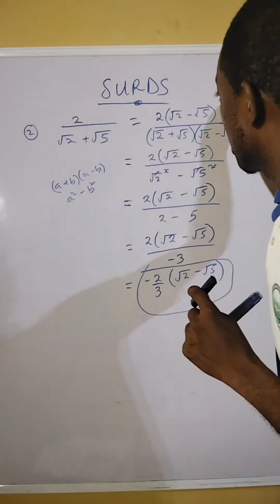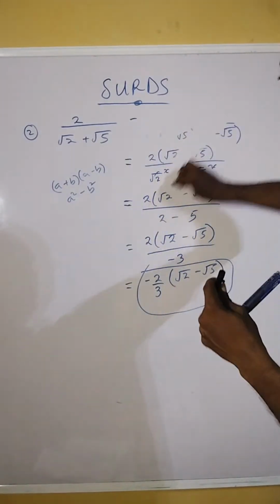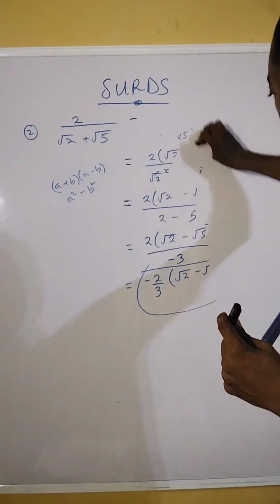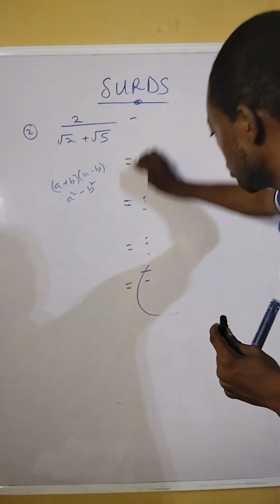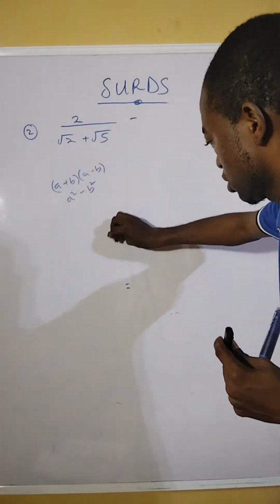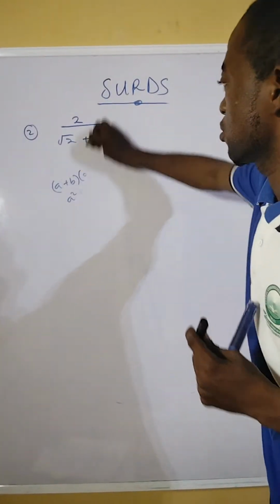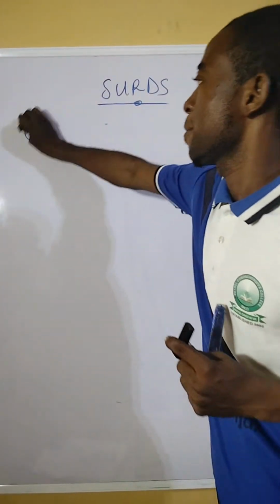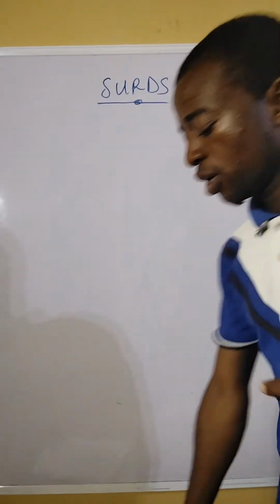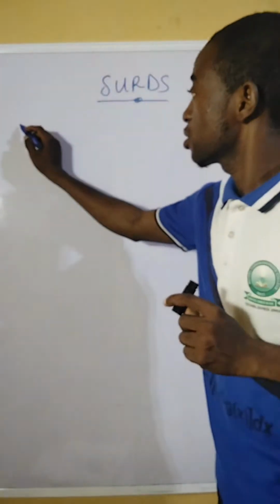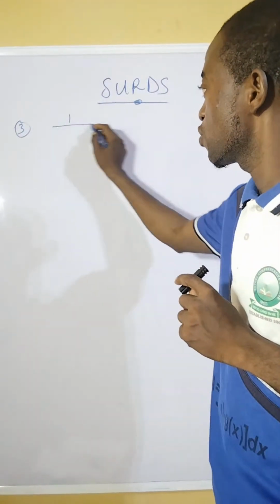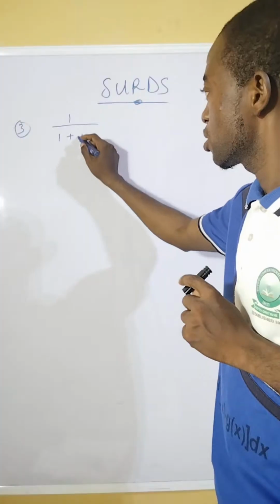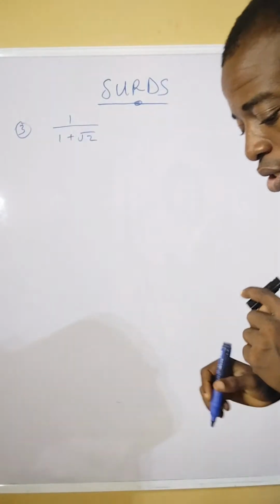Thank you. Now let's look at another one. We label as number 3 question here. Number 3, also we simplify 1 over 1 plus root 2.